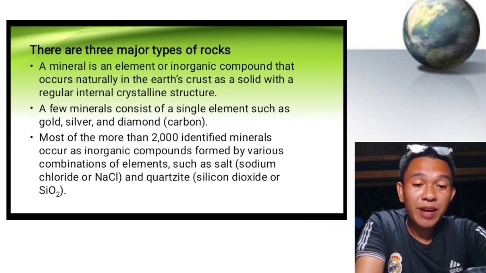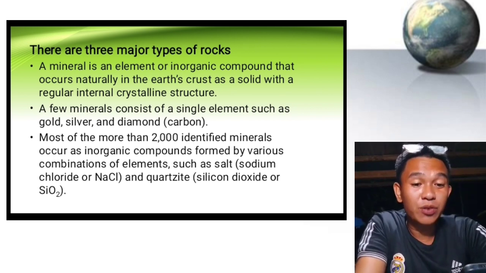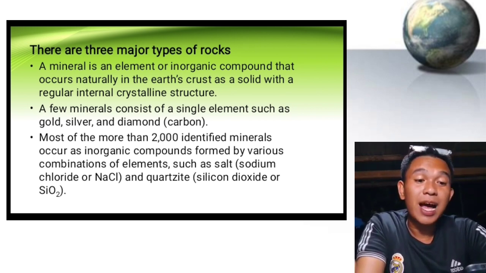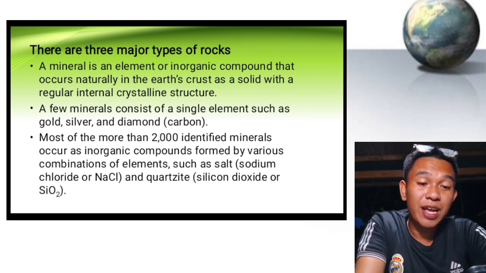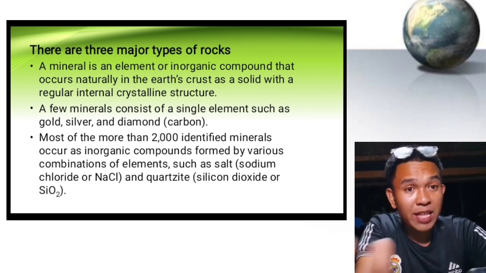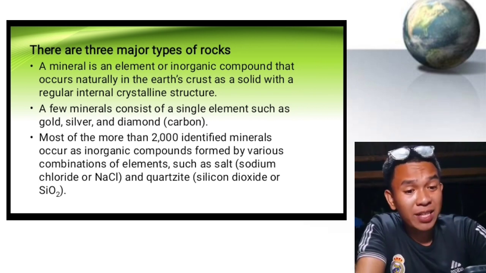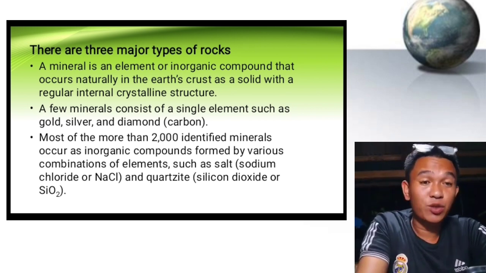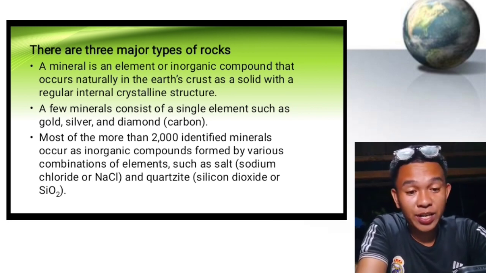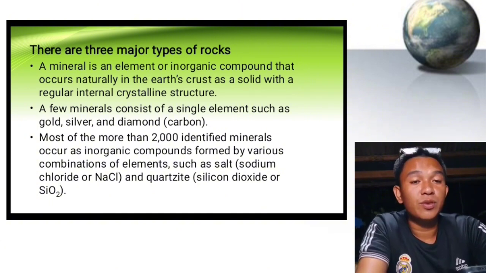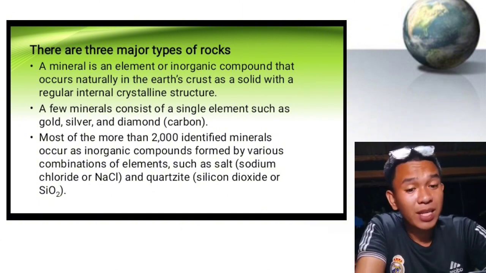A mineral is an element or inorganic compound that occurs naturally in the Earth's crust as a solid with a regular internal crystalline structure. A few minerals consist of single elements such as gold, silver, and diamond, which is carbon.